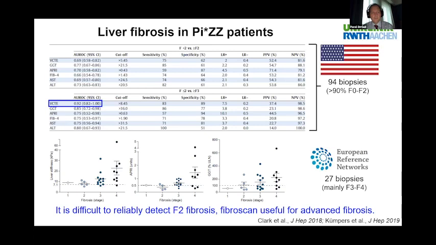Some of the other well-known serum-based biomarkers, such as APRI or gamma GT, which is more an injury marker, also show fair sensitivity to detect that. However, the issue here is that we are relatively good at detecting or excluding advanced fibrosis, but not very good at discriminating between the intermediate fibrosis stages.